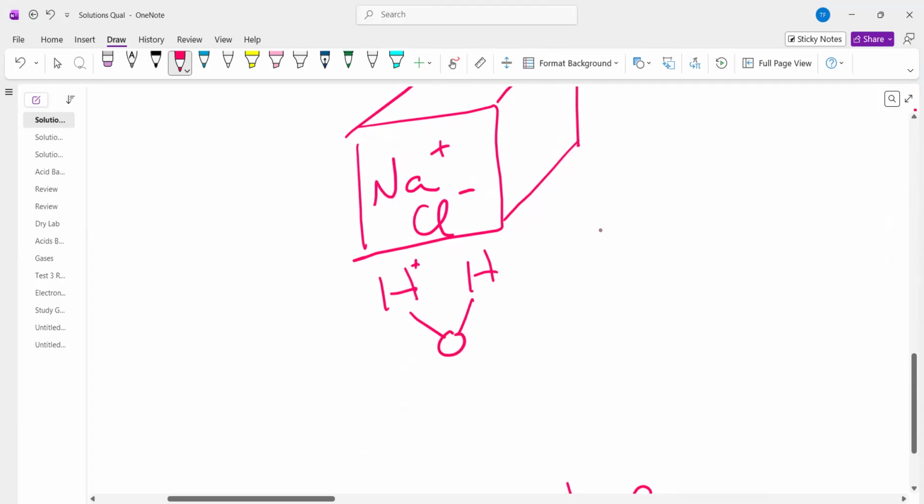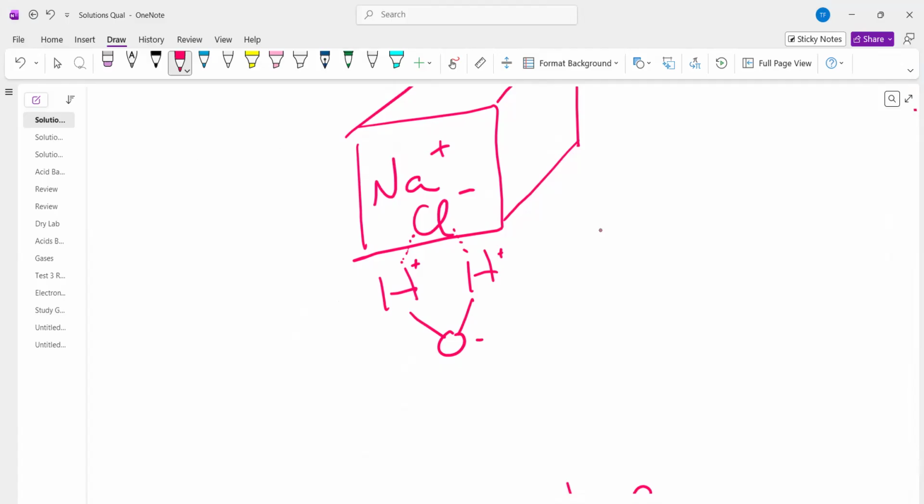Now remember, we've got a partial charge on that water. So what's going to happen, it's going to attract that negatively charged chloride part of the table salt.